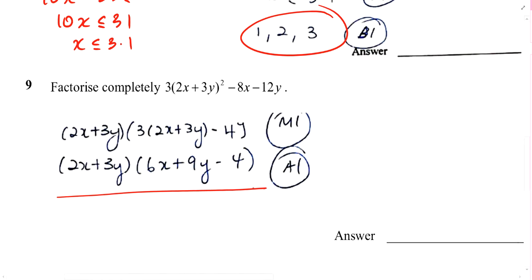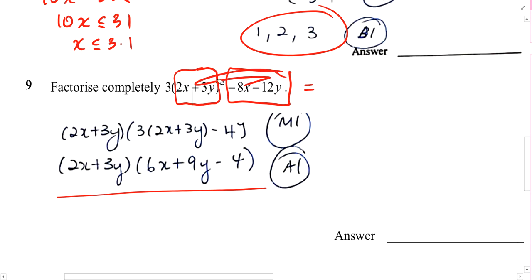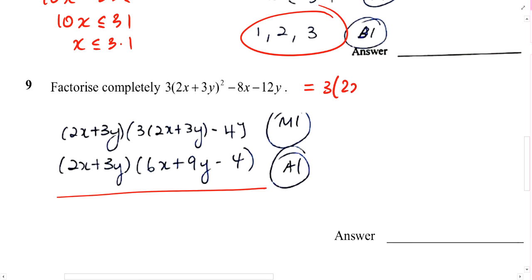Okay. You see that there is a (2x plus 3y) squared, right? Then actually, if you look hard enough, do you see a 2x plus 3y inside here? Okay, so let me rewrite this. This is actually the same as 3 times (2x plus 3y) squared, then minus, I take out the 4, (2x plus 3y). Are you able to agree that these are the same?